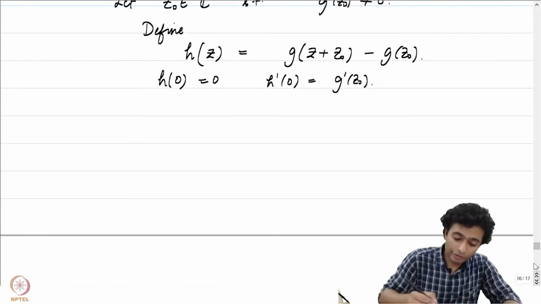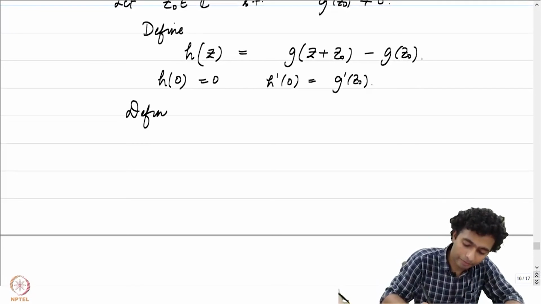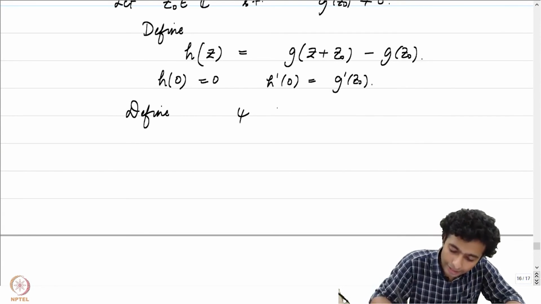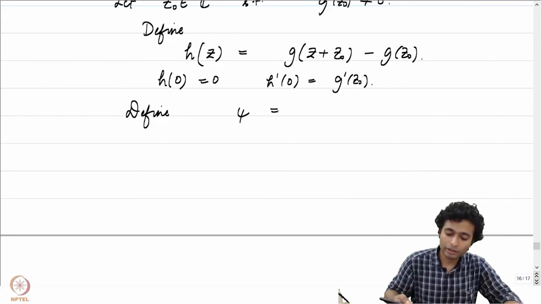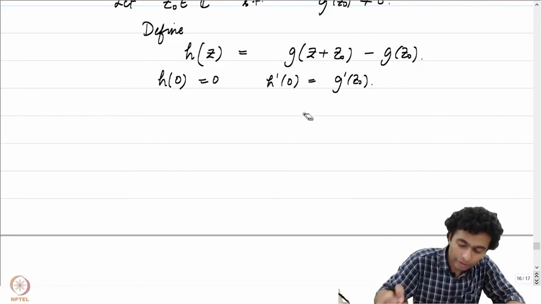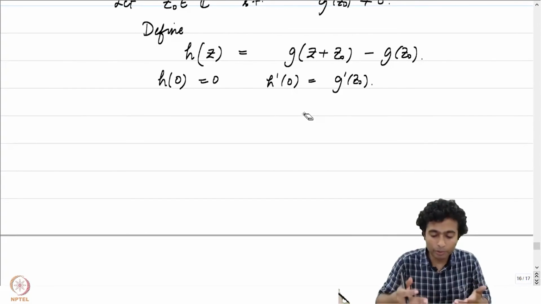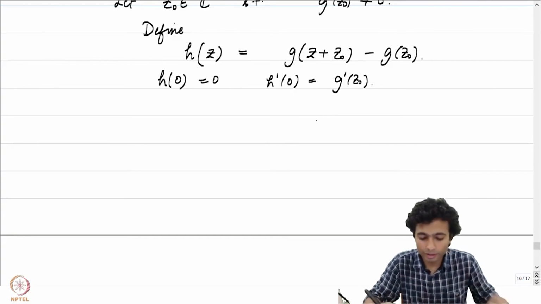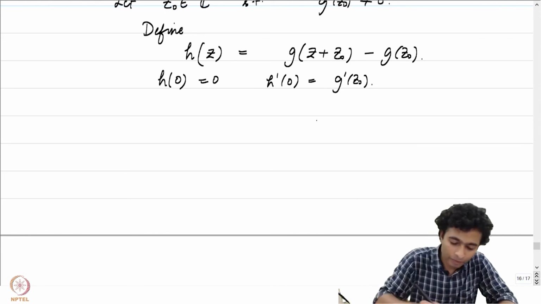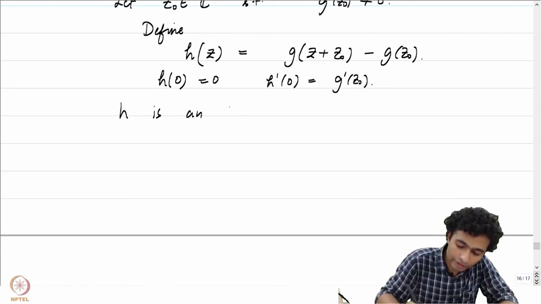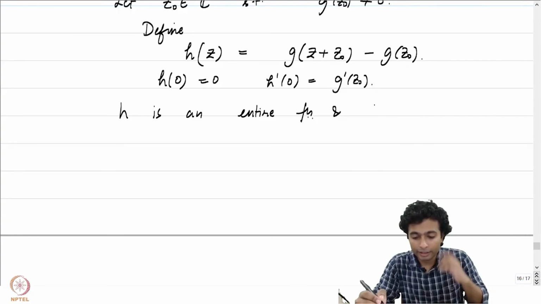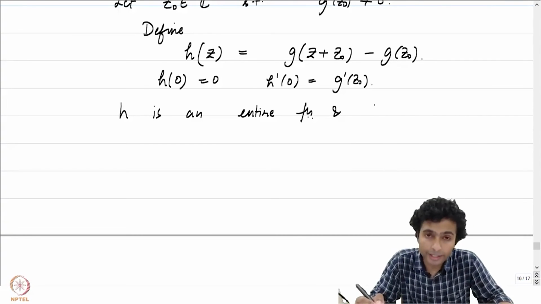Now, define a new function, let us call it psi. Before that, I am slowly progressing towards a contradiction to Bloch's theorem. So, before we go any further, remember that h is an entire function, and the image of h does not contain a disk of radius 1 either.